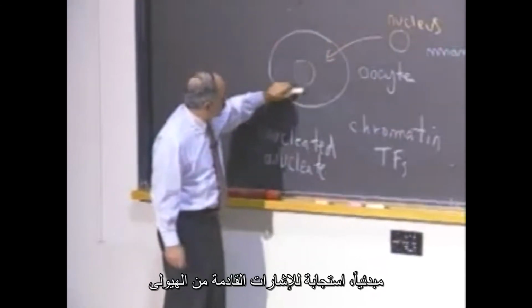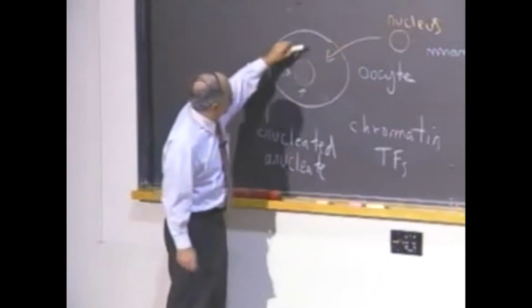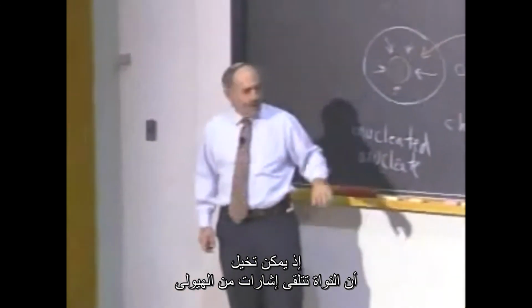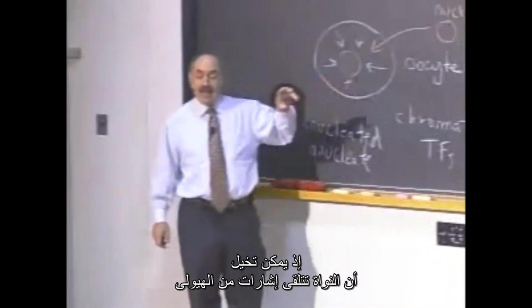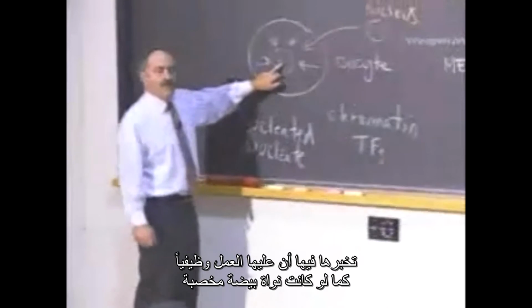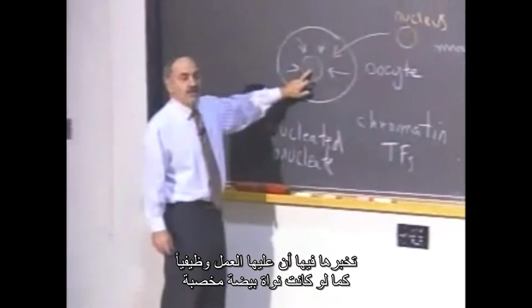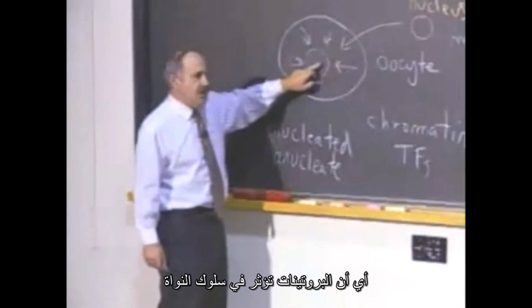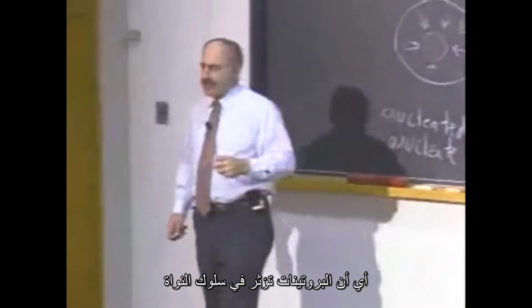Initially, in response to the signals coming from the cytoplasm. Because one might imagine, correctly so, that the nucleus in here is getting signals from the cytoplasm telling this nucleus, you should behave functionally as if you were the nucleus of a fertilized egg. In other words, the environment of proteins here is influencing the behavior of this nucleus.